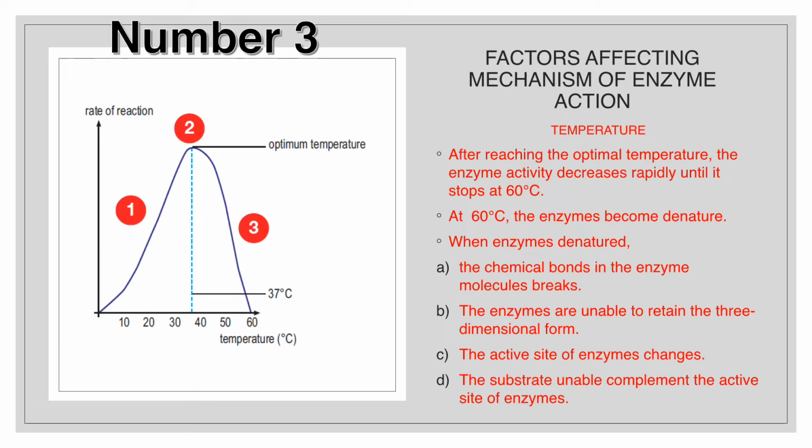When the enzyme denatures, the chemical bonds in the enzyme molecule break. The enzyme is unable to retain its three-dimensional form. Thus, the active site of the enzyme changes shape. As a result, the substrate is unable to complement or fit to the active site of the enzyme.